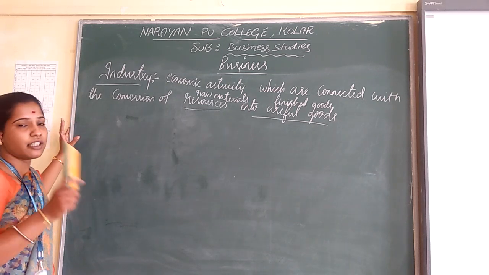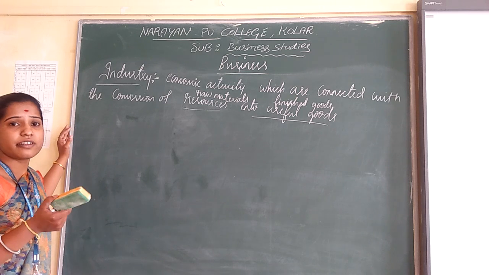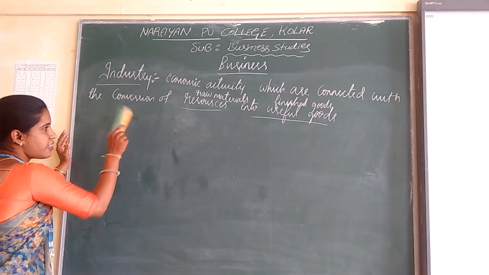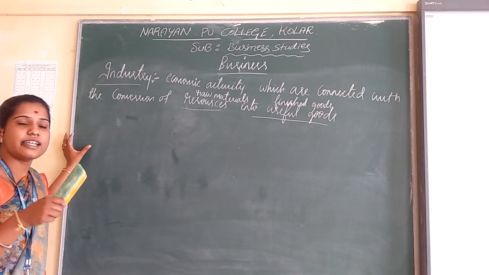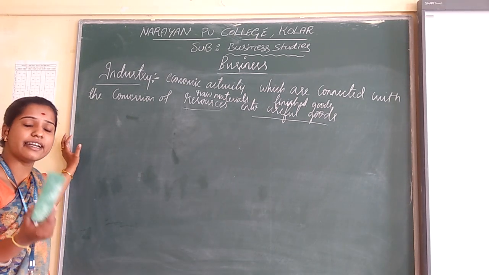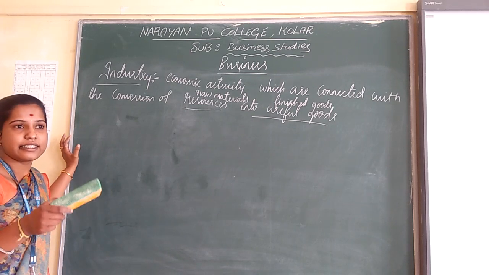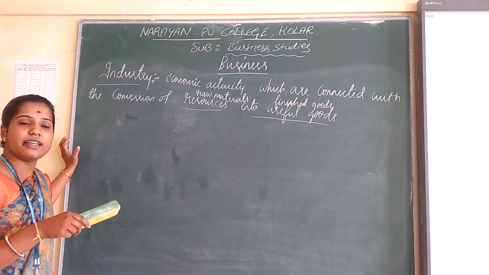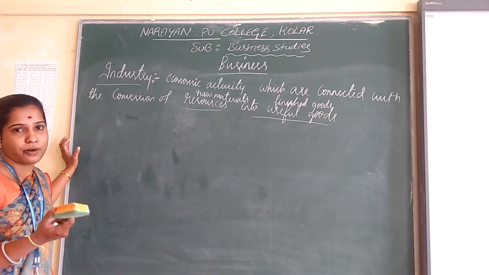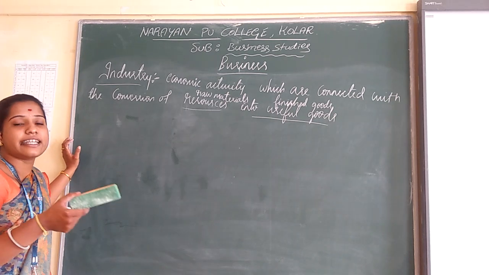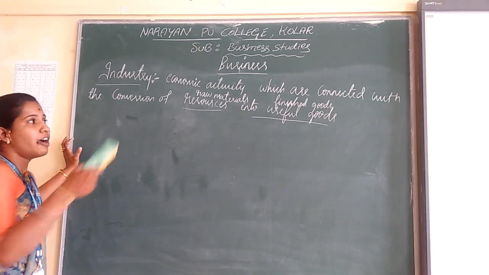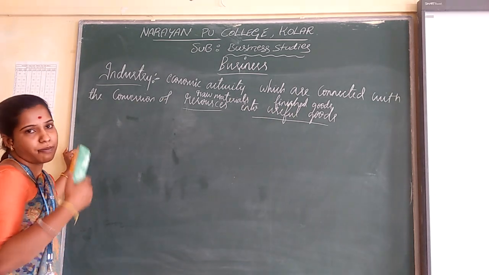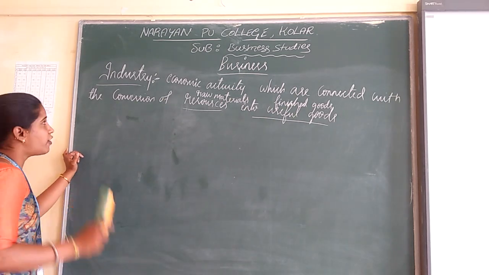The cotton industry is linked with cotton textiles, and they produce only cotton products. Another example is electric products. They are linked with electric items, and they convert their raw materials into finished products. This is the best example for industry.